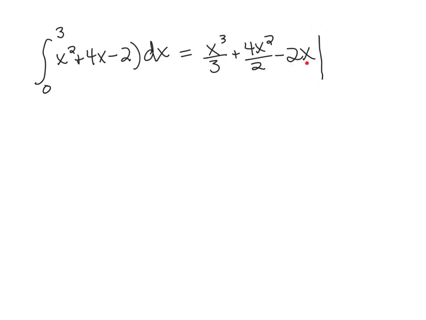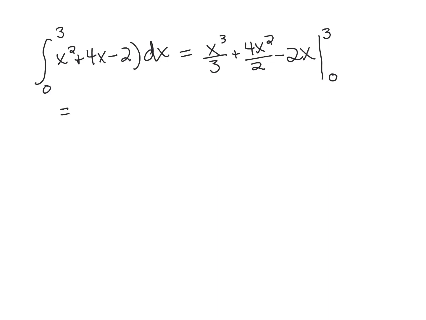Once we've done the integrals, added 1 to the power and divided by the power, we no longer have the integral symbol. We have done this work. What's left is to evaluate that from 0 to 3.